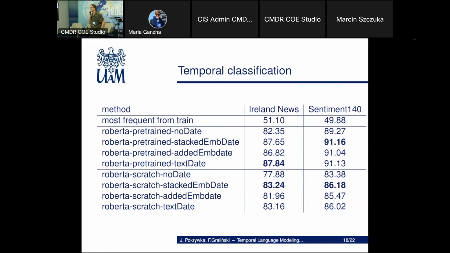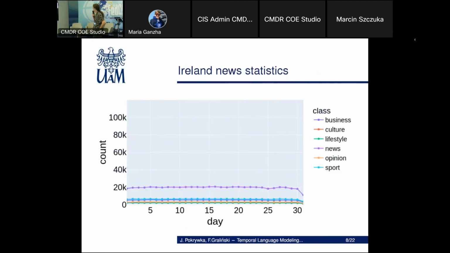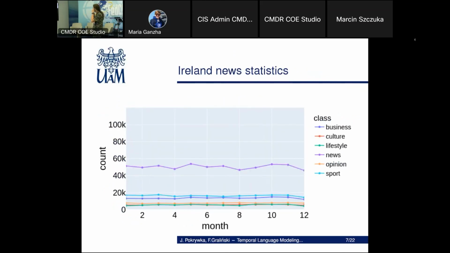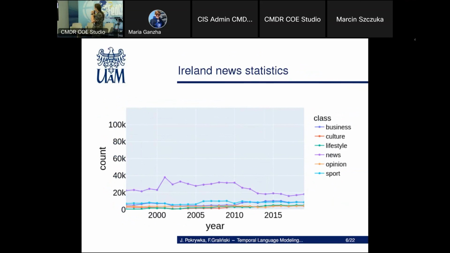Is it 8 categories or 6 categories? I think in the beginning you mentioned 6. I think it's news, sports, business, lifestyle, opinion. Can we go back to slide 5, please? Okay, so it's business, culture, lifestyle, news, opinion, sport. 6, right?